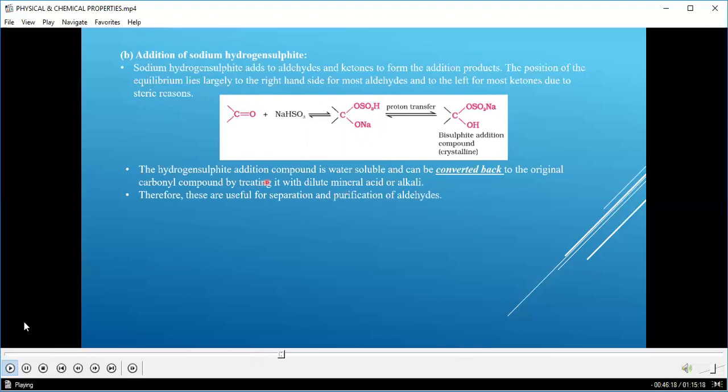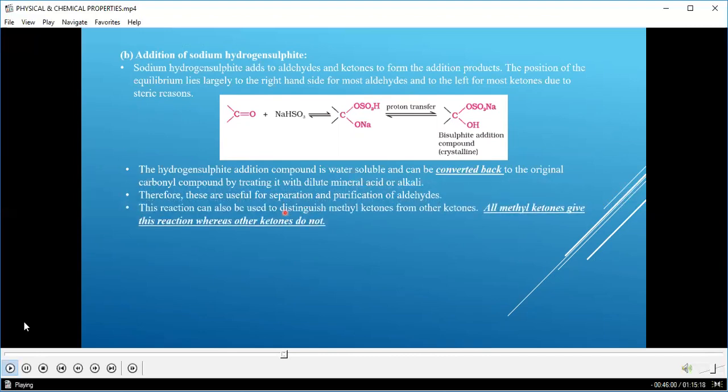As this is a reversible reaction, the compound can be converted back to the original carbonyl compound by treating it with dilute mineral acid or alkali. So these reactions are also useful for separation and purification of aldehydes and ketones.